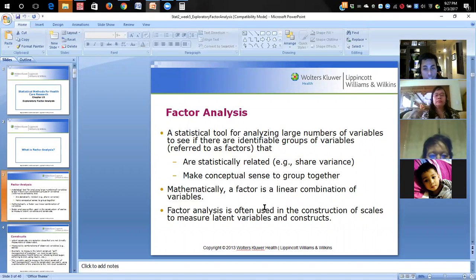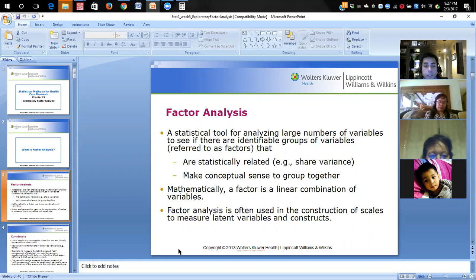It's often used in the construction of scales, as in my shared decision-making scale, to measure latent variables and constructs, which means the deeper relationships of the different variables.